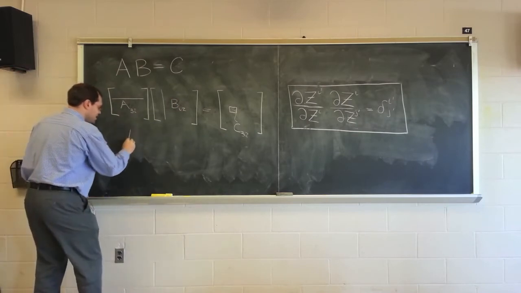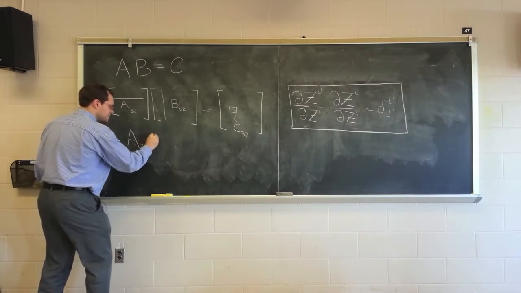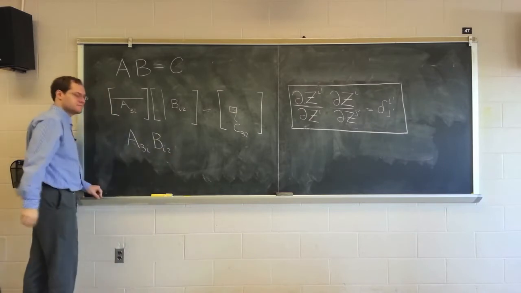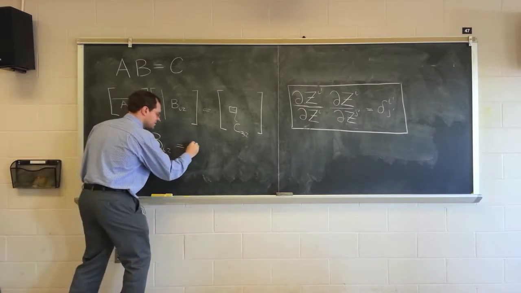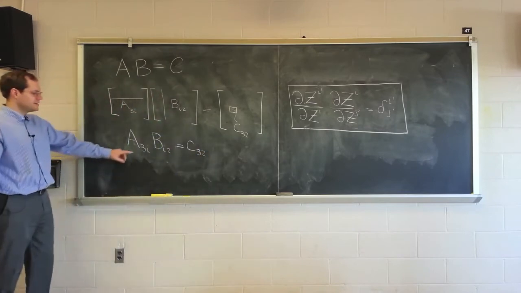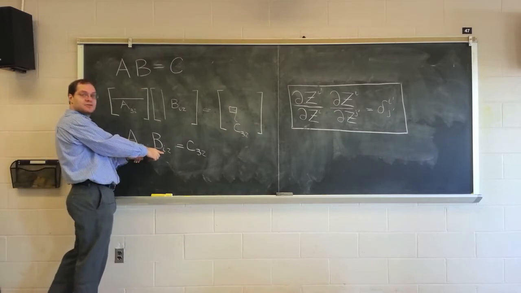So A3I times BI2 equals C32. Of course, the Einstein convention does not kick in because both of these i's are on the bottom.